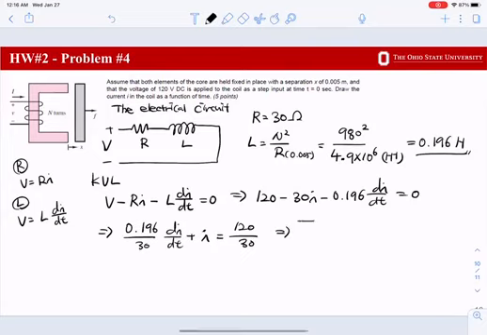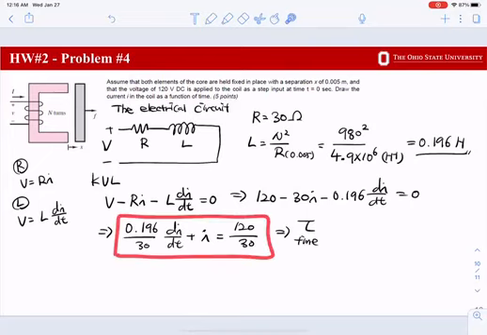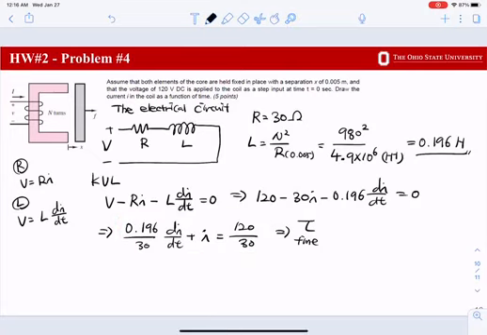From here, because this is a first order ordinary differential equation, our time constant tau is equal to 0.196 over 30. This is equal to 6.53 millisecond.